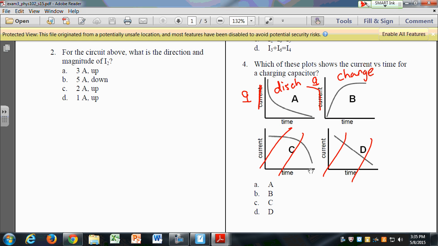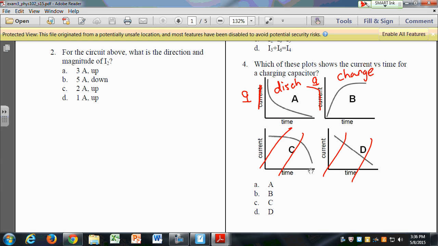Look back at that. For example, that's a way that I could and would and did change this problem. Ask about either the charge, voltage, or current. So look back at those. When it's charging, it slowly approaches that maximum charge.